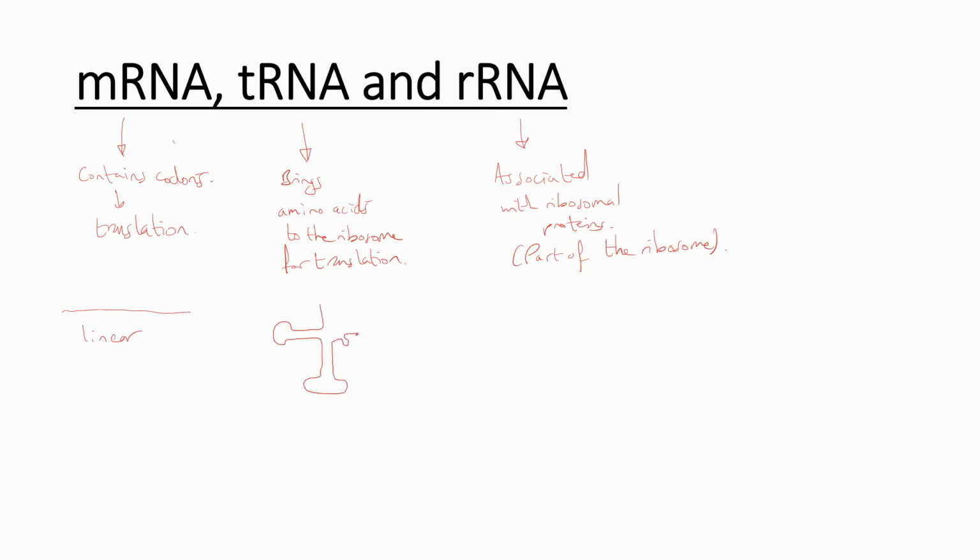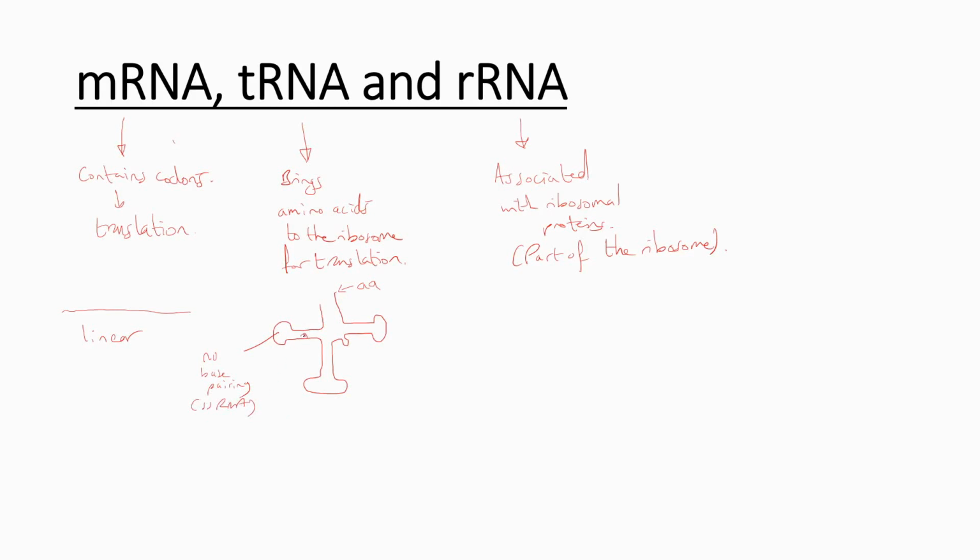You can see the structure here, and up here is where the amino acid attaches. Now this it's an interesting structure. We have regions such as here where we have no base pairing. So this region is single-stranded RNA or ssRNA.